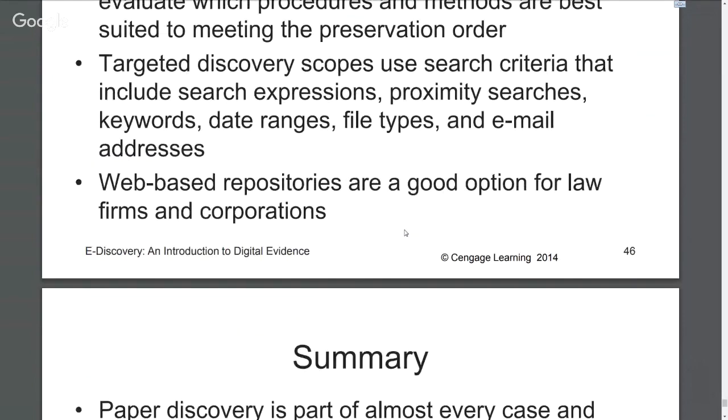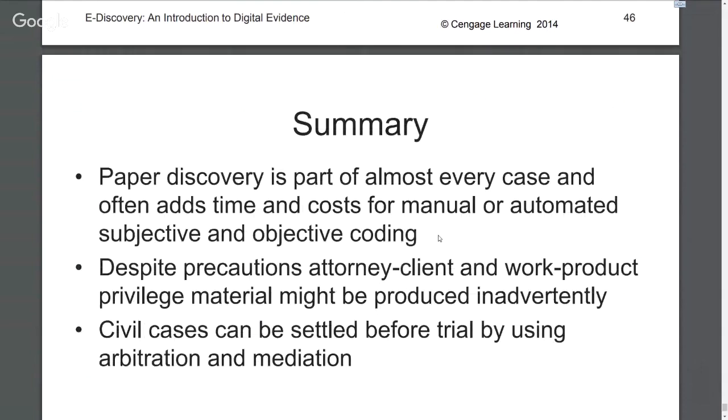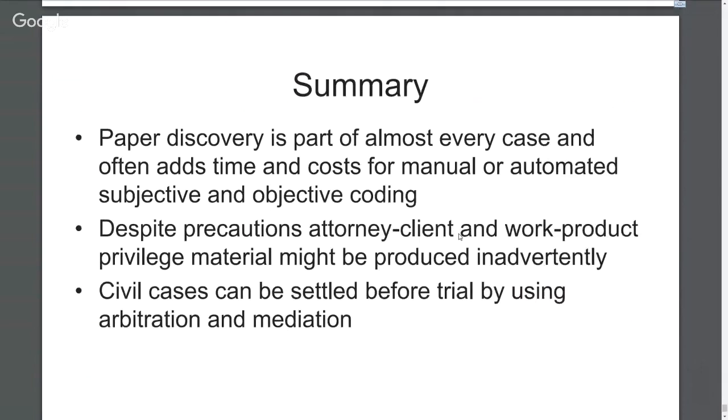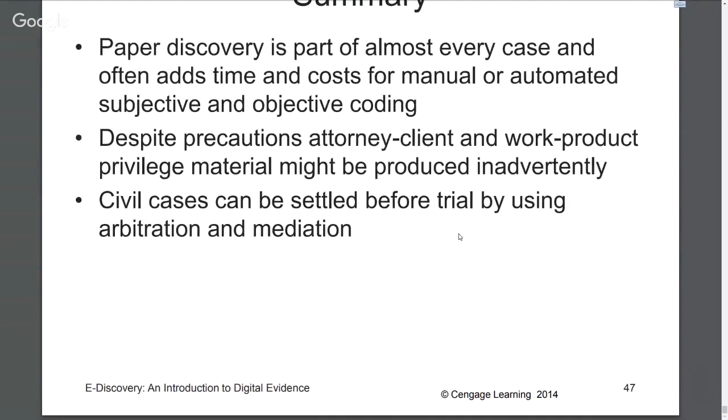Web-based repositories are a good option for law firms and corporations. Paper discovery is part of almost every case and often adds time and cost for manual and automated subjective or objective coding. Despite these precautions, attorney-client and work product privileged materials might be produced inadvertently, and civil cases can be settled before trial using arbitration and mediation.